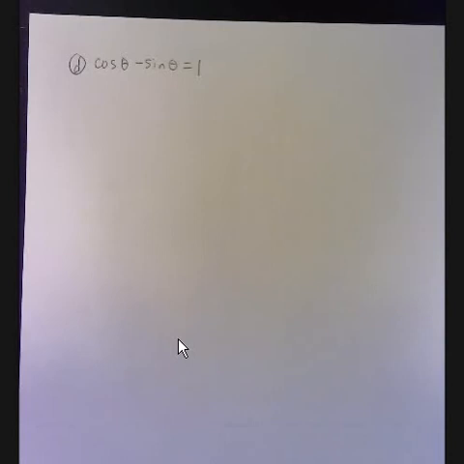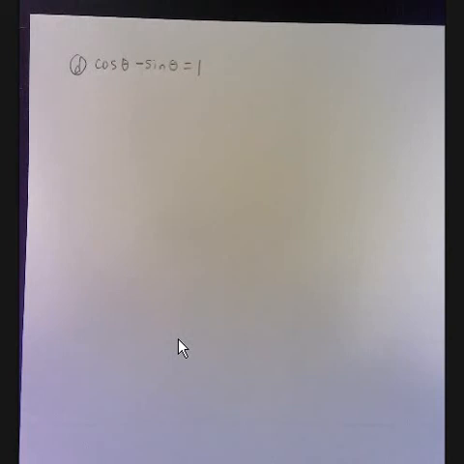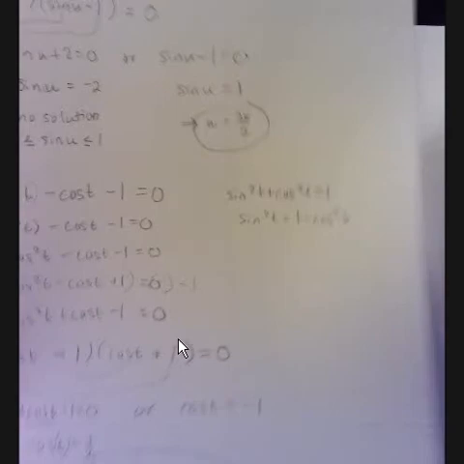We don't really want to bring a radical in. And so this one, whether we replace sine with cosine or cosine with sine, that's what we would have to do using the Pythagorean identity. We'd have to take the square root and we'd have a radical.